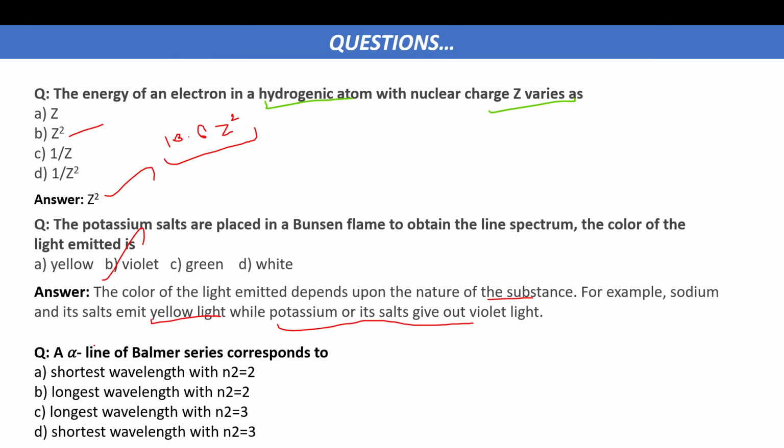Next, alpha line of Balmer series corresponds to shortest wavelength with N2 equals to 2, longest wavelength with N2 equals to 2, longest wavelength with N2 equals to 3, or shortest wavelength with N2 equals to 3. So what is alpha line?